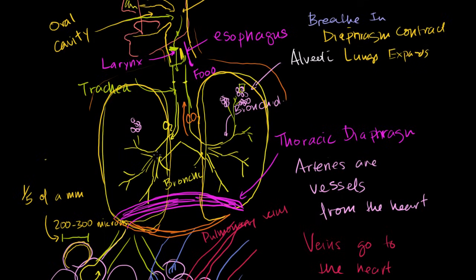We have less pressure here than we have outside, or you can view it as negative pressure. Air always wants to go from high pressure to low pressure, and so air is going to flow into our lungs. And hopefully there will be some oxygen there that can then go into our alveoli and then end up in our arteries and then go back in the veins as oxygen attached to hemoglobin. I'll talk more about that in detail.